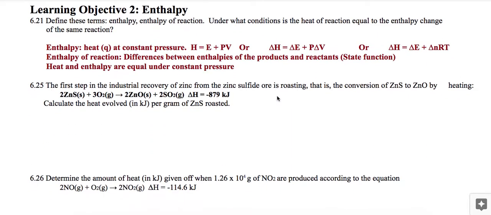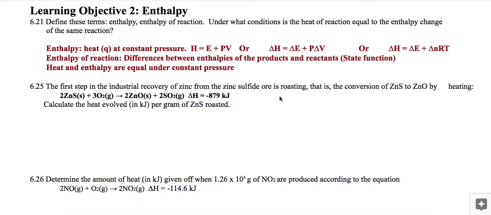All right, let's go on to learning section 2. Some important key terms here, and the first one is enthalpy. This is a new term that we're going to be working with, and it is super important. And we spend the rest of the chapter using the term enthalpy. What we can say, though, is that enthalpy is equal to heat.